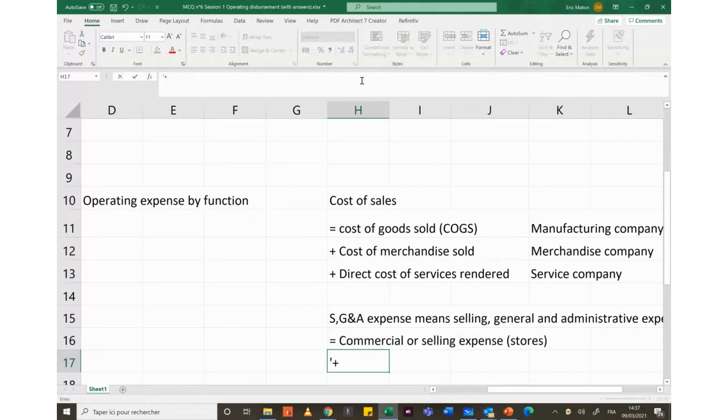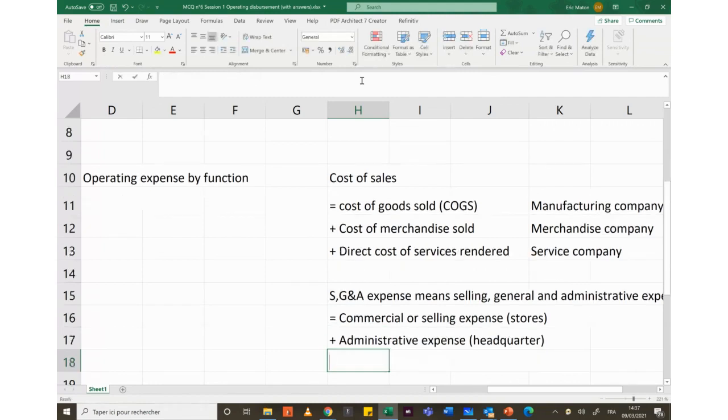You have the administrative expense, so all the expenses because of the headquarters. And you have the research and development expense, so all the costs because of the laboratories.